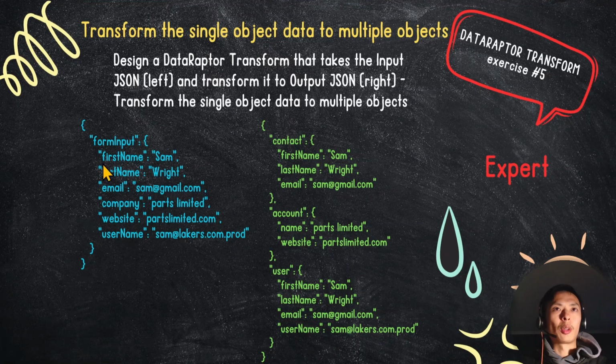The first name field, the last name field, and also the email address will go into the contact node. The name from the account will come from the company. The website will come from the website over here. And in terms of the user, you'll be getting the first name, last name, email, and the username.